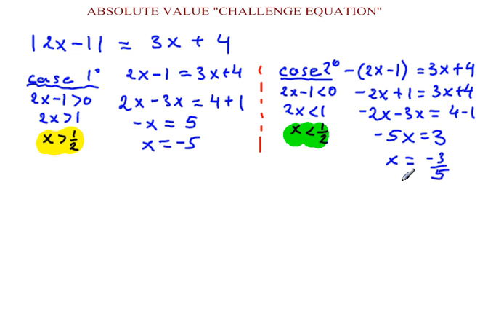Now, we need to take a closer look. The domain, just to show you the visual, say this is the number line, 0, unit, and 1 over 2, so greater than 1 over 2. So that's the domain for case 1. And the root of that equation happens to be here. So it doesn't really belong to the domain.